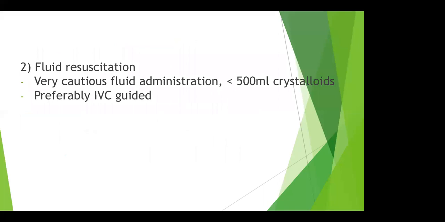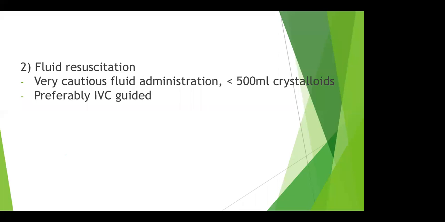The next thing is fluids. Most patients with PE, they don't require fluids. Always use your IVC to guide. I think as Yong has showed, many patients have obstructive shock and their IVC is just dilated and they are not really moving. In those patients, you probably do not need much fluids.